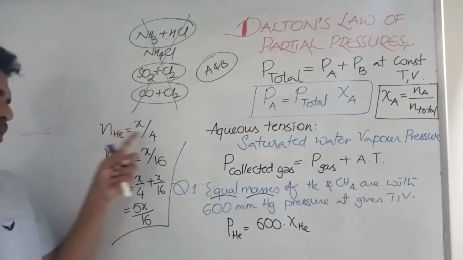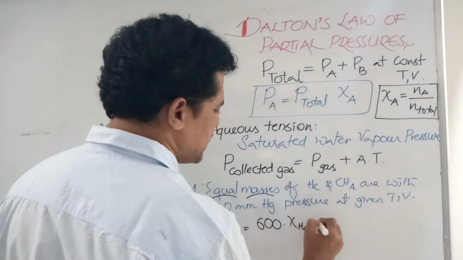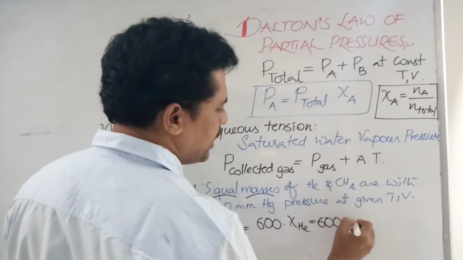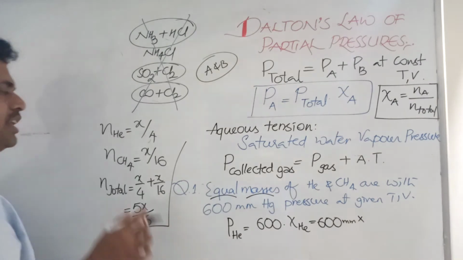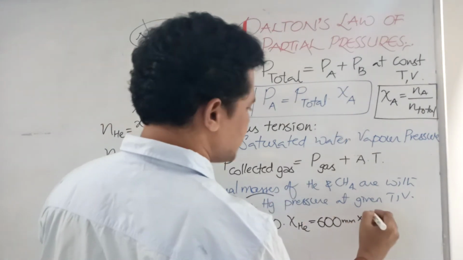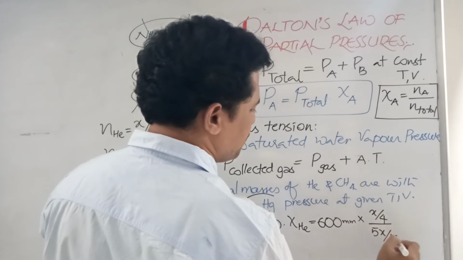So we have the number of moles of helium, of methane, and the total. Now 600 millimeters of mercury is the pressure given, into the mole fraction of helium, which is the number of moles of helium by total moles, that is X by 4 by 5X by 16.